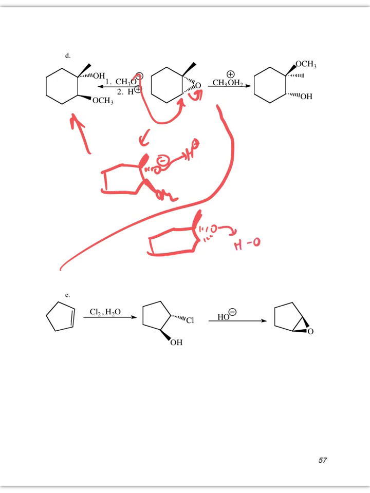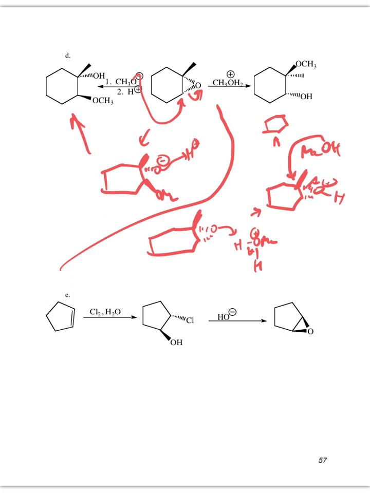We protonate it first with the acidic methanol, and then methanol adds to the more substituted carbon of the three-membered ring to open up the three-membered ring to give us, I ran out of space, sorry, this, and then we take the extra hydrogen off with another methanol, and that gives us our anti-addition.